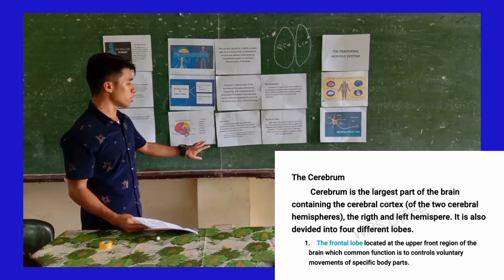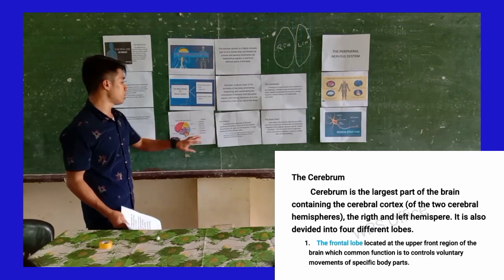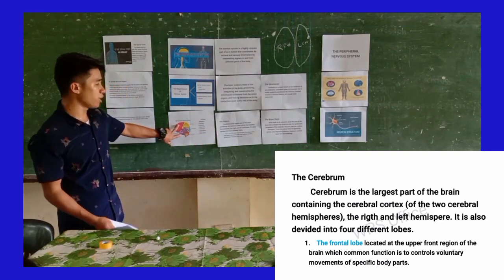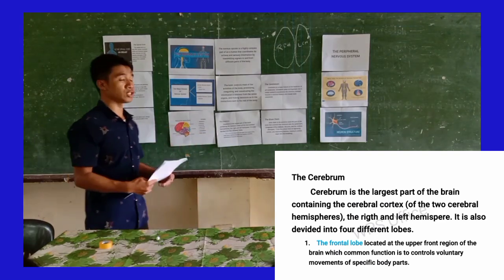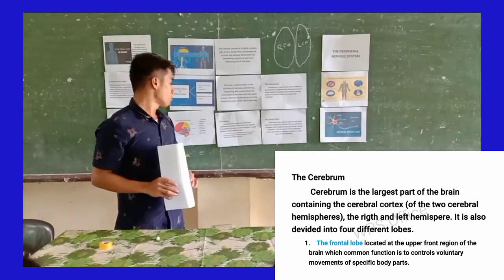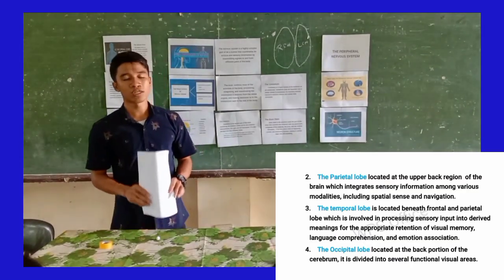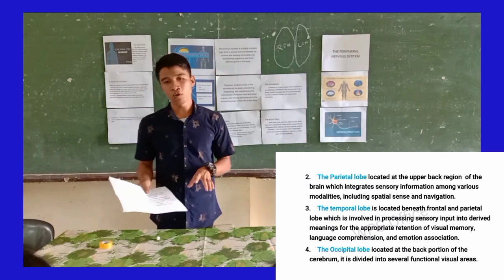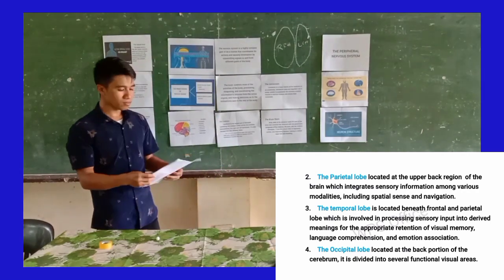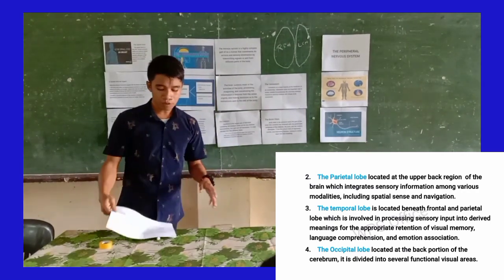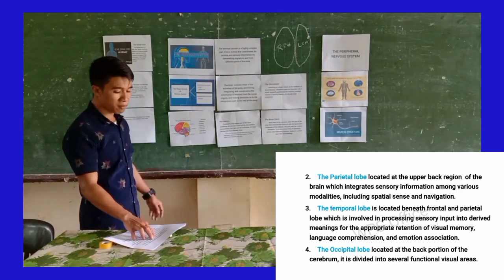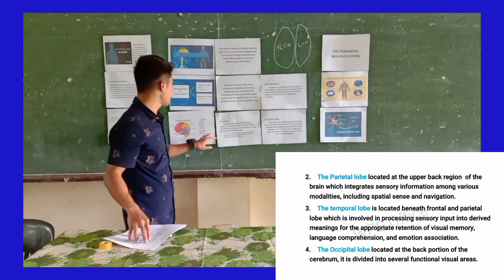So the frontal lobe is located at the upper region of the brain, whose common function is to control voluntary movement of specific body parts such as the movement of our hands and our foot. So the next is the parietal lobe, located at the upper back region of the brain.